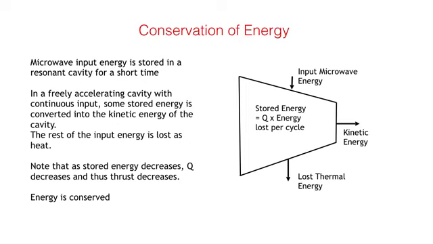So if the stored energy decreases, for instance as some of it is converted into kinetic energy, the Q of the system will decrease and therefore the thrust will decrease. Continuous energy input results in a continuous balance with kinetic energy and thermal energy output balancing the input microwave energy. Now, for a restrained cavity, the output is purely thermal energy.